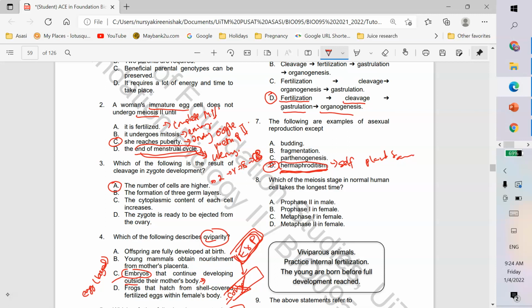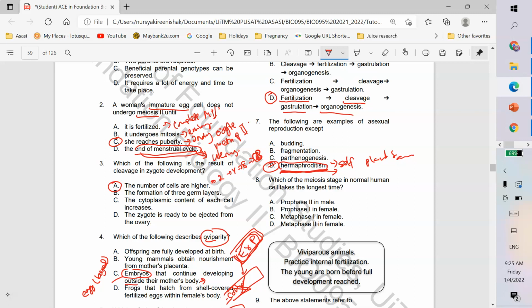So hermaphrodite ni kan, sebab the definition for sexual reproduction, dia bukan semestinya melibatkan dua individual. So dia boleh melibatkan juga hermaphrodite, one individual which capable of self fertilization because it can produce both sperm and eggs. Okay. Tapi kalau human tak. Okay, this does not apply for human.